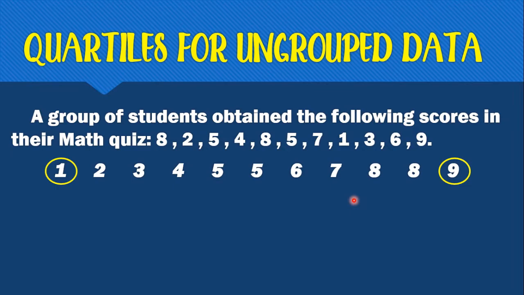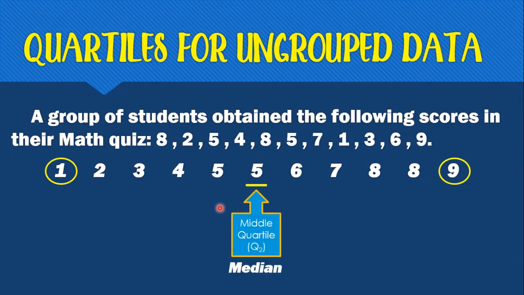Now, to find our middle quartile, or the Q sub 2, our second quartile will be 5. This is obtained by observing the position of 5, which is in the middle of the numbers from 1 to 9. And then our first quartile, or Q sub 1, will be 3.